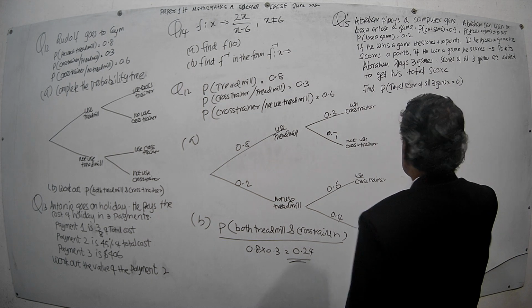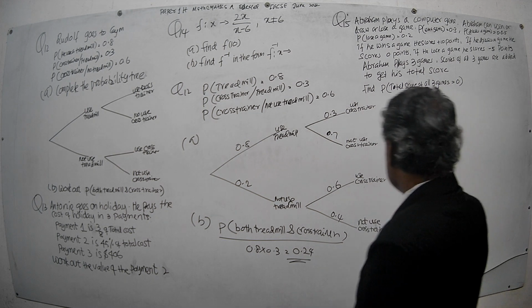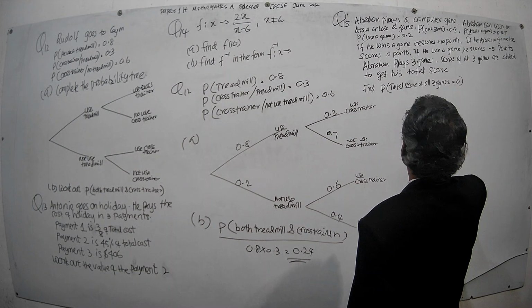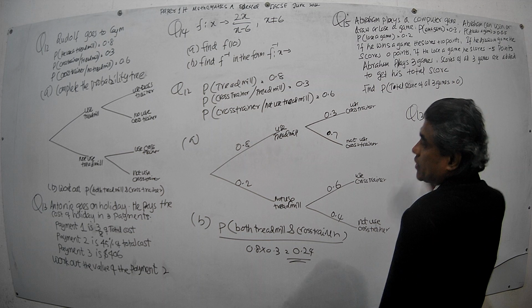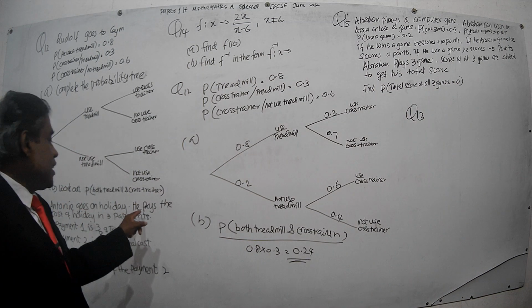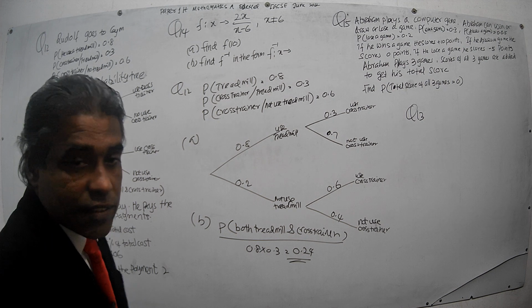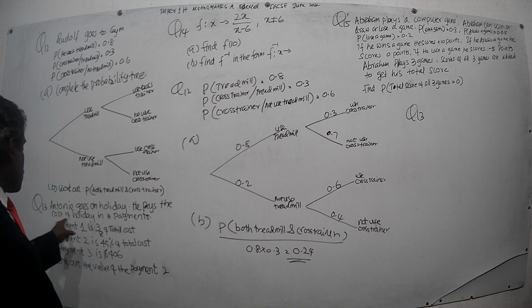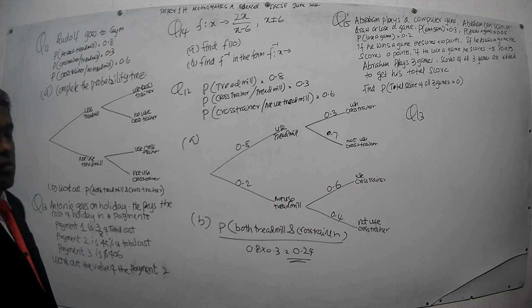So, question 13. I think we can easily answer that. Q13, they ask here. Anthony goes on holiday. He pays the cost of the holiday in 3 payments.